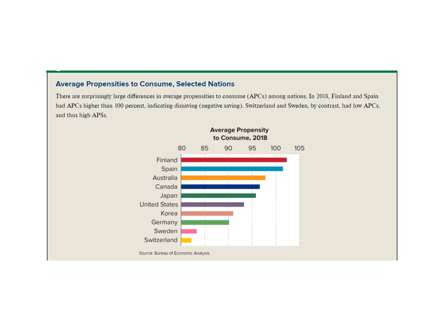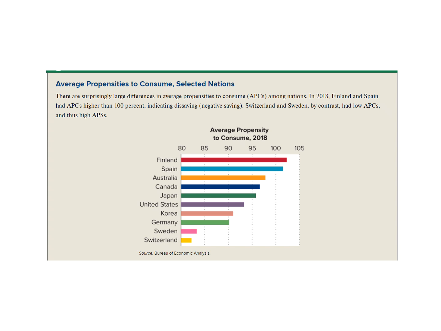What conclusion can you make? Finland and Spain actually experience what is referred to as dis-savings, negative savings, because on average citizens of Finland and Spain spent more than their disposable income. How is this possible? By borrowing against future earnings through credit cards and loans.